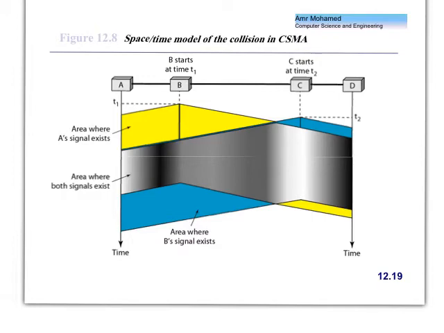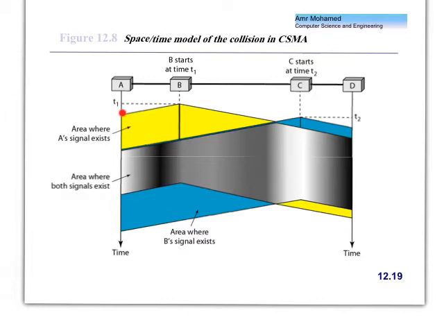So the frame will propagate in the form of a signal through the cable. For example, it reaches A at this instance of time, depending on how far A is from B.